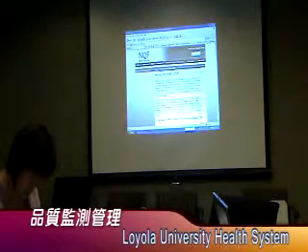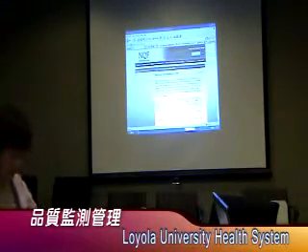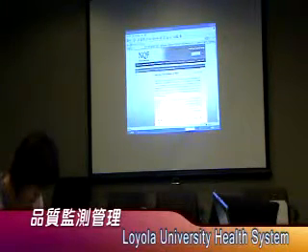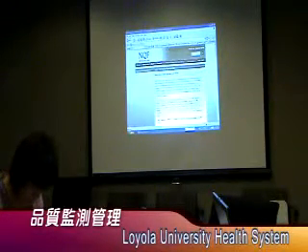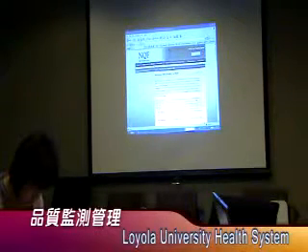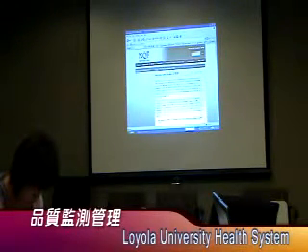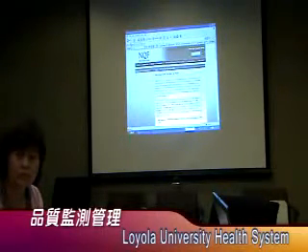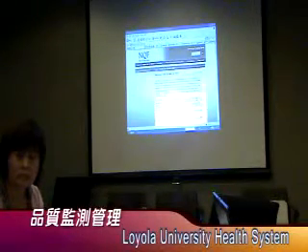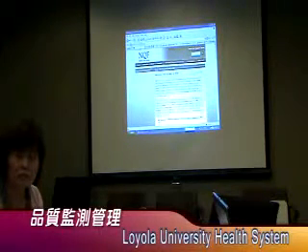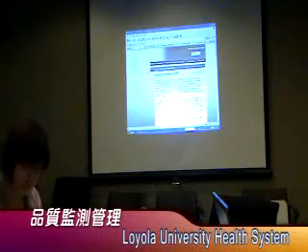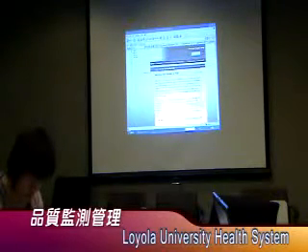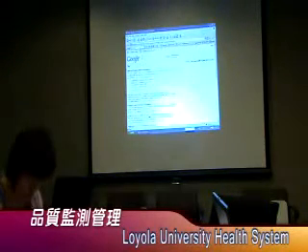Then there are also the system-centered measures, which is how many nurses, how many patients per nurse, and also nursing care hours. This information is on the slide.